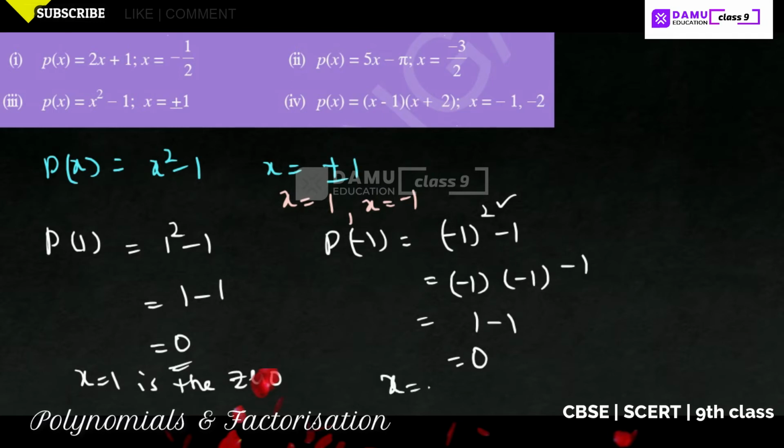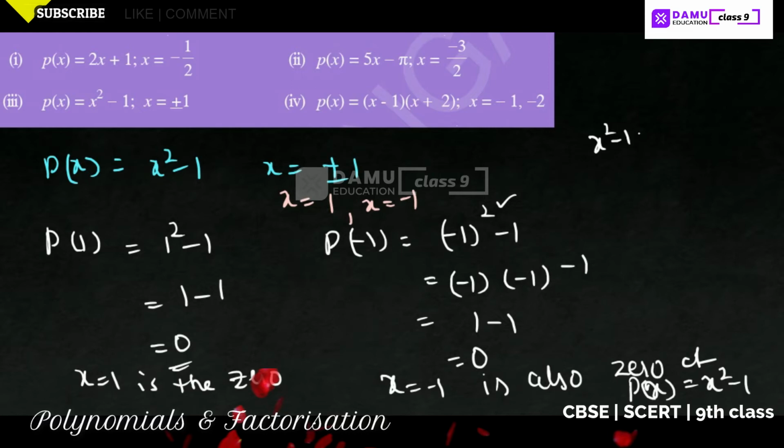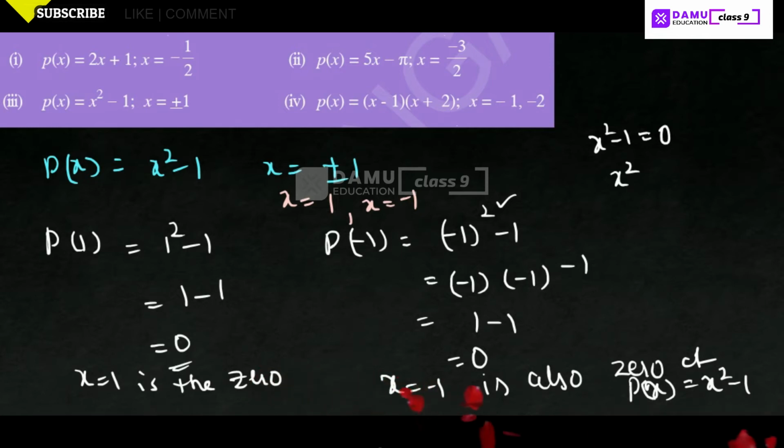So x equals minus 1 is also a zero of p of x equals x square minus 1. How do these answers come? You set x square minus 1 equal to 0, then x square equals 1, then x equals square root of 1, that is plus or minus 1. Like this we need to solve the expressions, then only we will get these values.